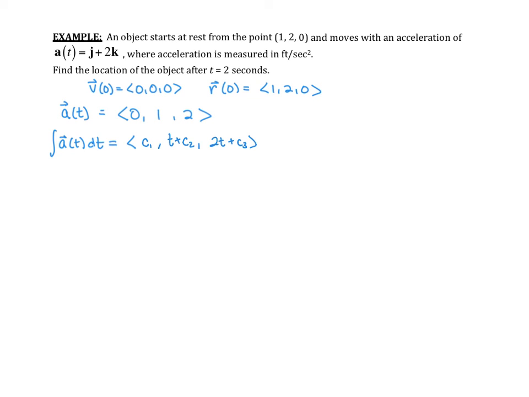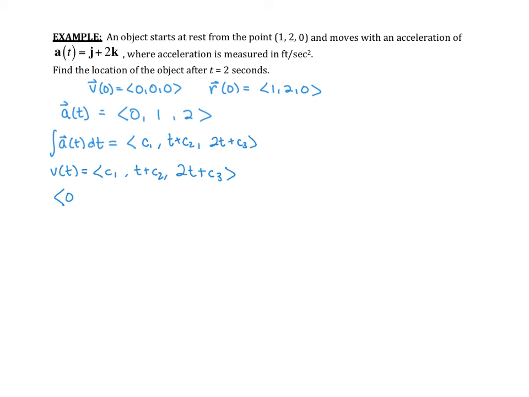Okay, well, what we know is that this is the representation of the velocity. So let's write this. v of t equals (C1, t plus C2, 2t plus C3). Now, we know that v of 0 is the vector (0, 0, 0), the zero vector.